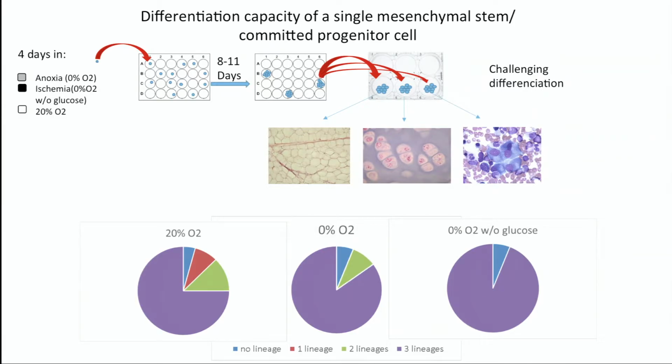In the secondary cultures, the situation was similar. And again, we have a higher proportion of the colonies, confluent colonies, if they were generated from the single cells from ischemia.